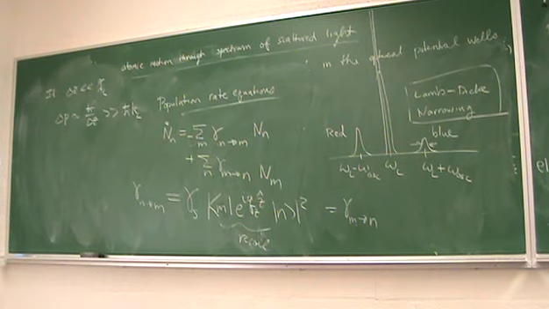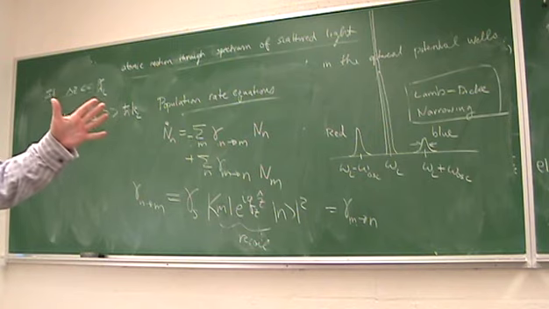So if I'm localized to a region that's small compared to the wavelength, then my spread in momentum is big compared to that h bar k.